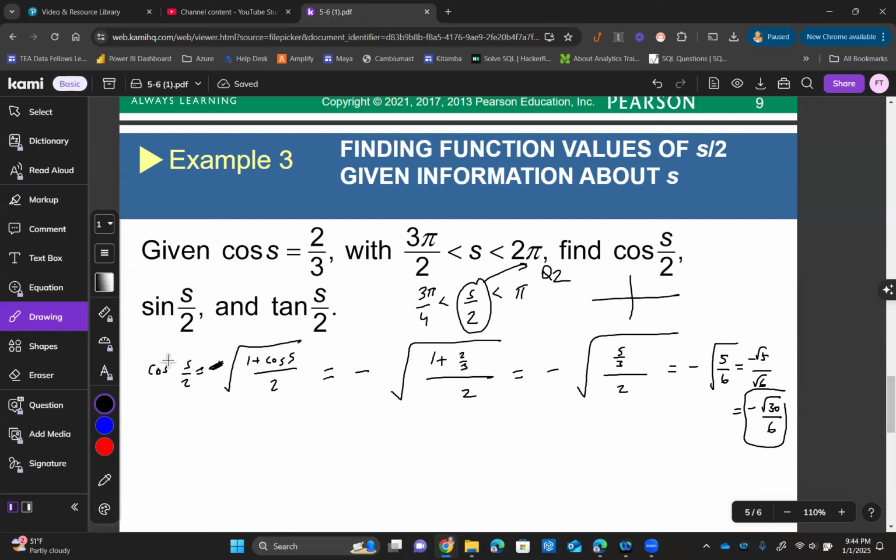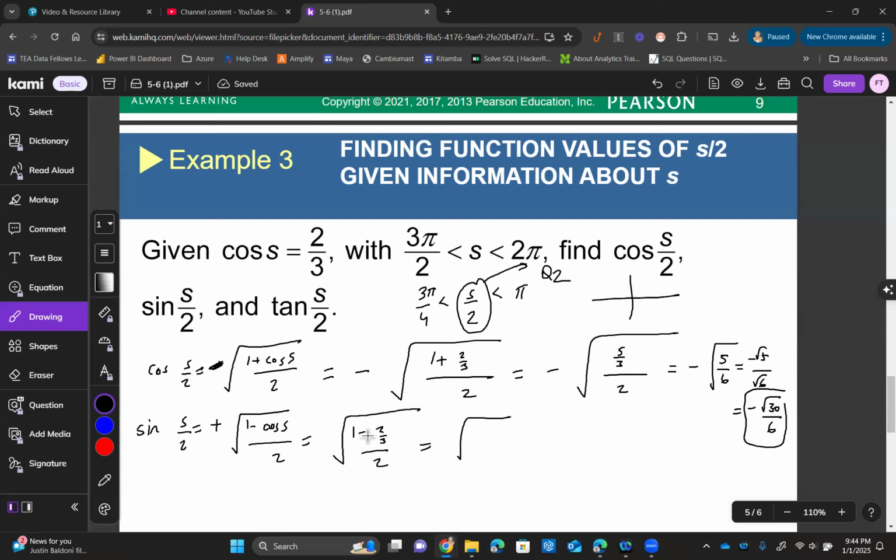is the half angle cosine value. Similarly, sine of S over 2, in second quadrant, sine is positive, so I'm going to use the positive version. And the formula is the square root of (1 minus cos S) over 2. So it's going to be a positive value, and it's 1 minus 2 over 3, over 2. Instead of 1, we can write 3 over 3.